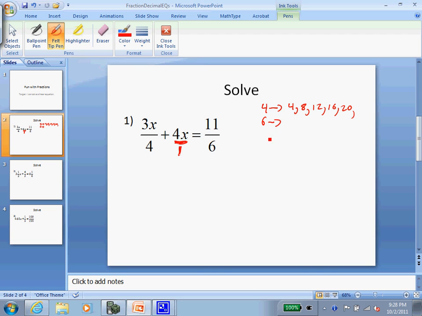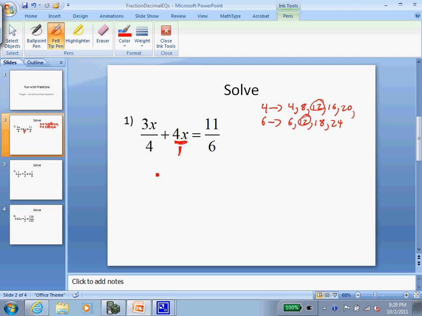If we use 6, we have 6, 12, 18, 24. As I look at my list, I see 12 appears on both lists. So therefore, 12 is the least common denominator, and what we can do is change all of our fractions into 12ths, and this will make us able to work with them more easily.